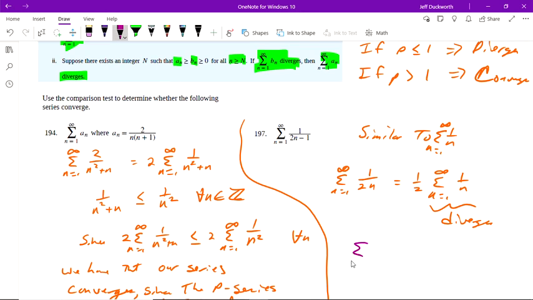We have 1 over 2n minus 1. That's the same as, if we pull out a 1/2, 1/2 times 1 over n minus, pulling out a 2 in the denominator, 1/2, right? So what happens? Well, now we're bigger than 1 over n.